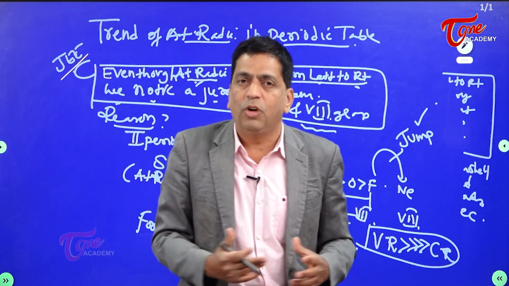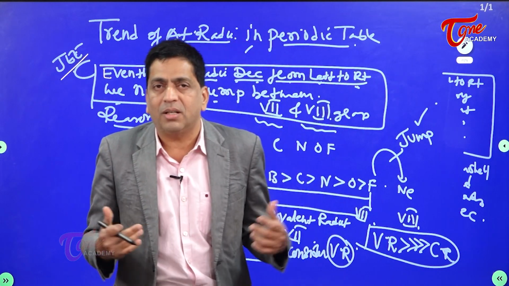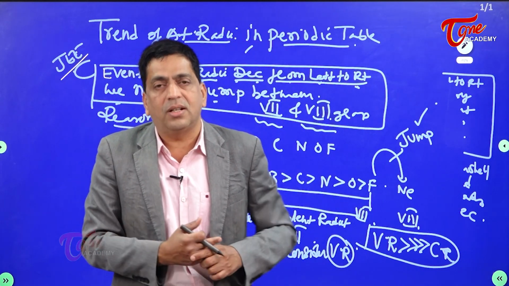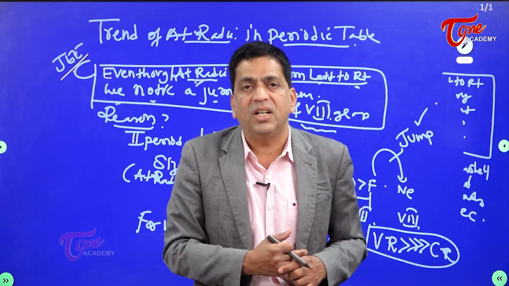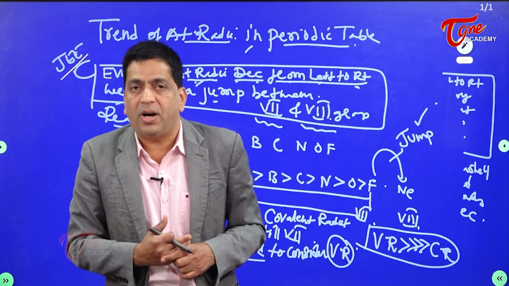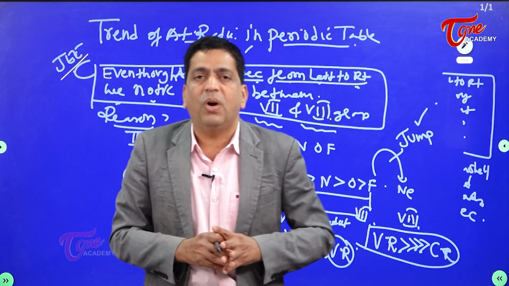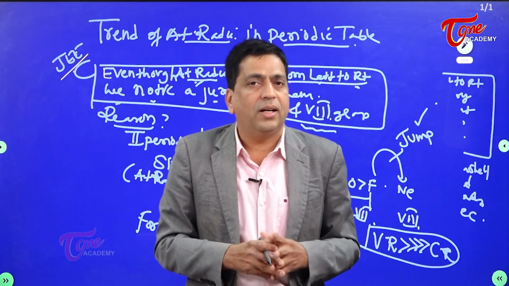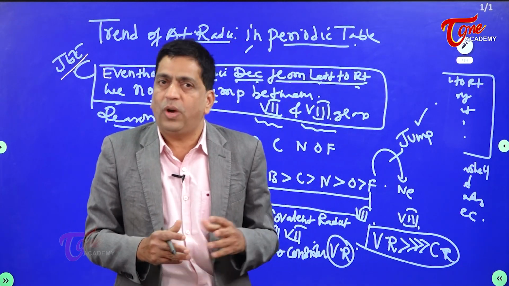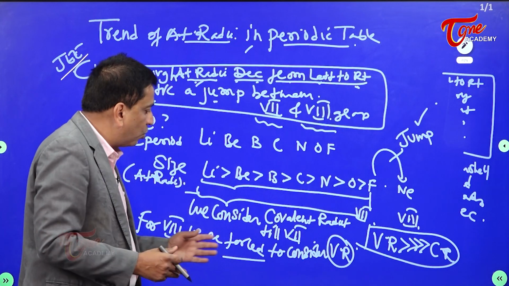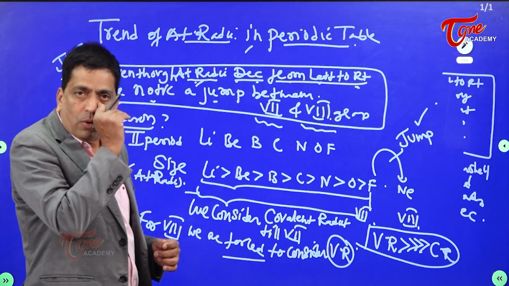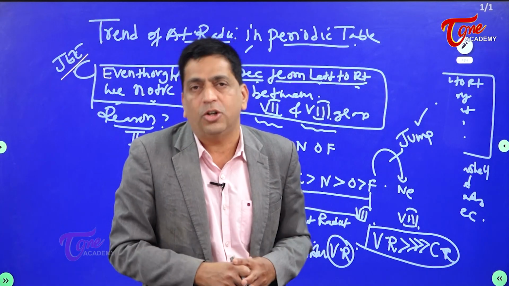So naturally you will see a jump. You cannot ask me why I considered van der Waals radius for inert gases. It's no choice of mine; it is a must. You don't have any option. So I write these wordings, that we are forced to continue with van der Waals radius. You must understand this.